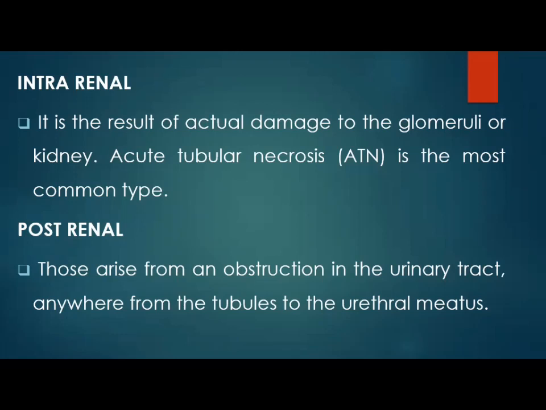Intrarenal is actual damage to the parenchyma or the tissues of the kidney. Then the post-renal occurs due to obstruction in the urinary tract, anywhere from the tubes to the urethral meatus.